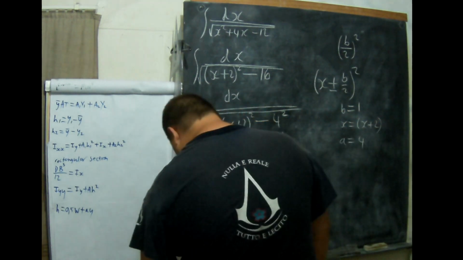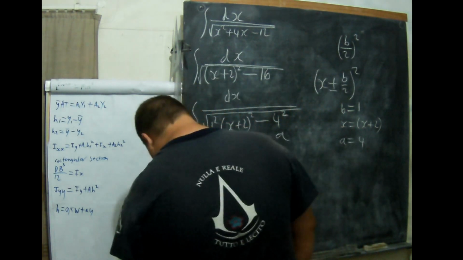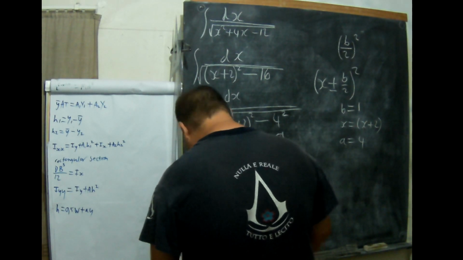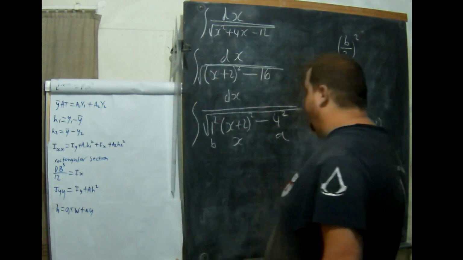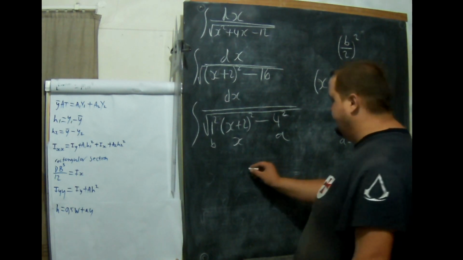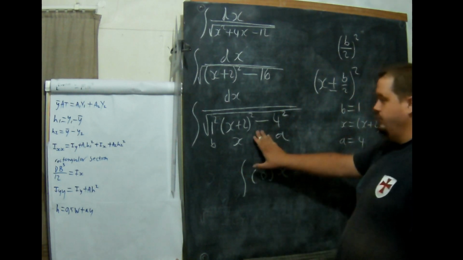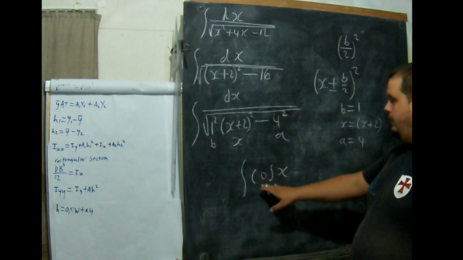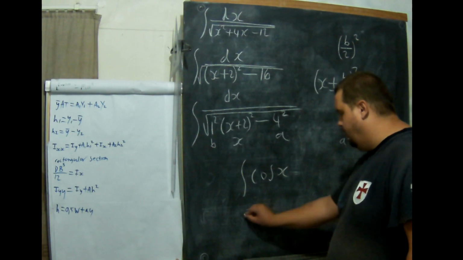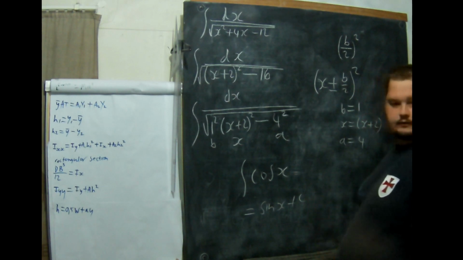Okay, so now we're going to follow rule 1. This is just retaking the integral, exactly the same as if we did the integral of cos x, which would equal sine x plus c.